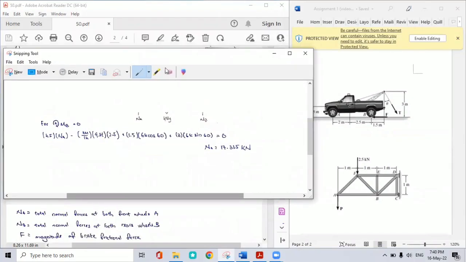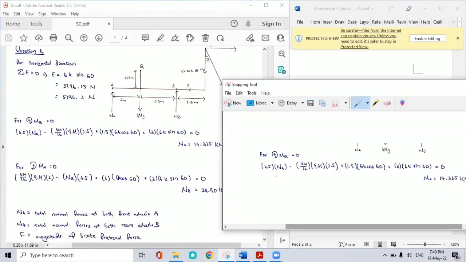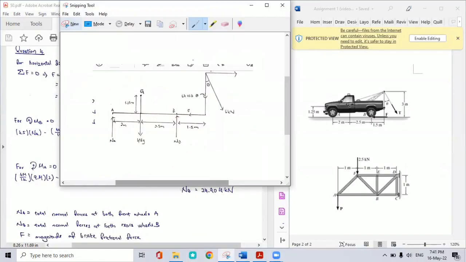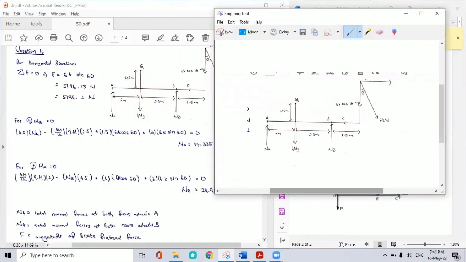So we can see that 4.5 and A, the normal right here, since we're considering point B, if we apply a normal force right here, the whole thing is going clockwise, right? Okay, let me show you. The force acting right here, the whole thing is going clockwise, right?